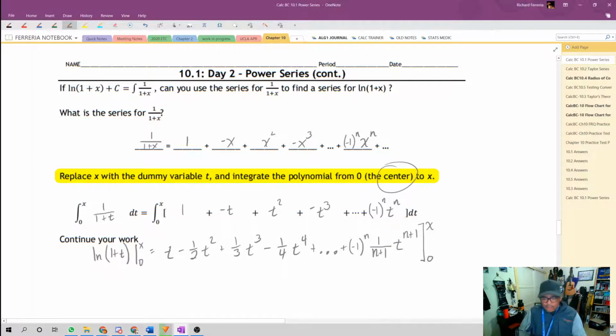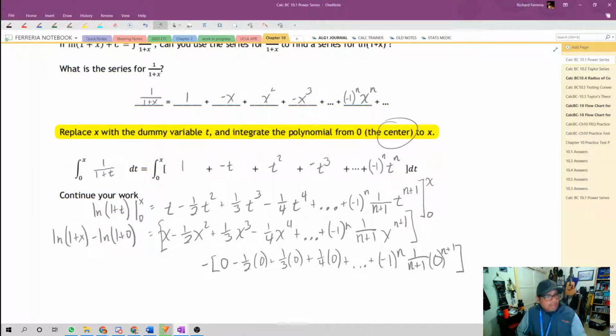We're going to substitute. So we're substituting x and 1, or x and 0. Now taking a look over here on the left side, the natural log of 1 plus 0 is the natural log of 1, which itself is 0. So the left side, that's just going to be natural log of 1 plus x.